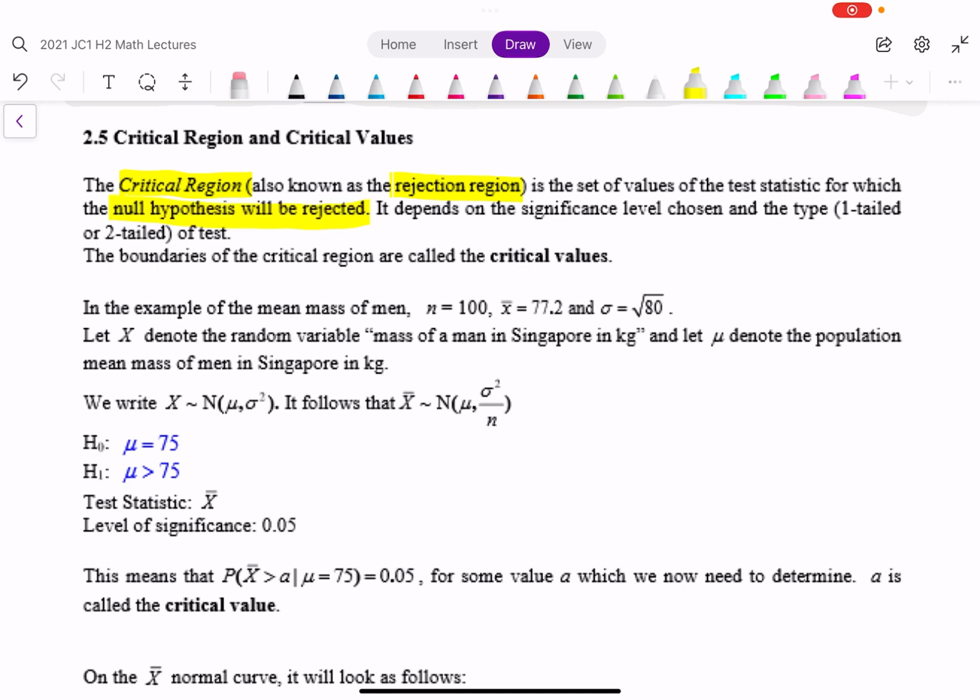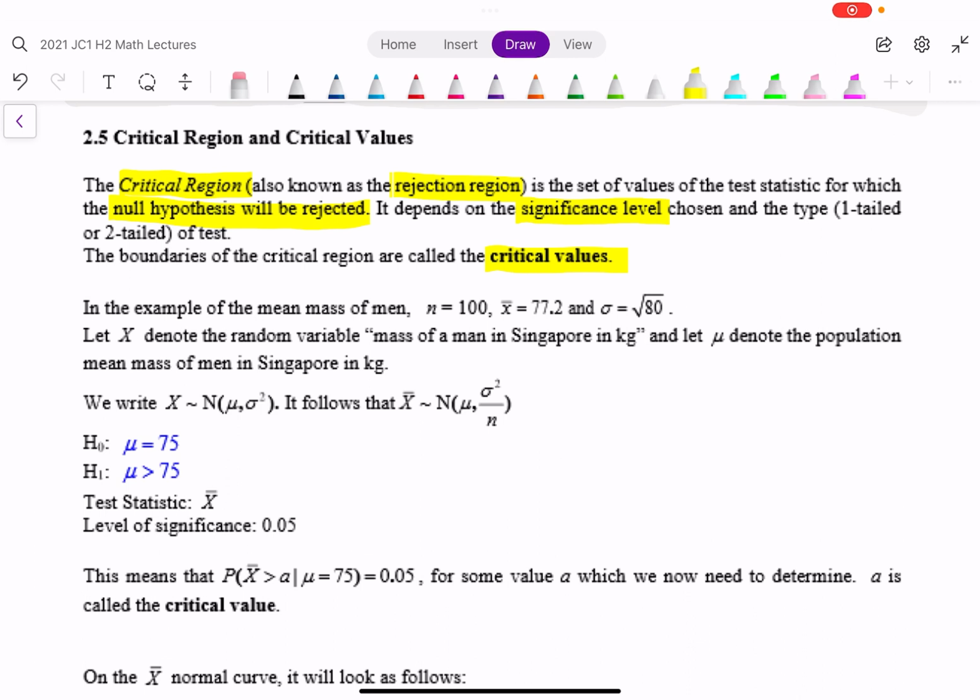This rejection region, or critical region, depends on a particular value called the significance level. It also depends on the type of test that we are carrying out, whether it is a left tail test, a right tail test, or a two tail test. And these regions clearly have boundaries, and these boundaries are what we call the critical values.